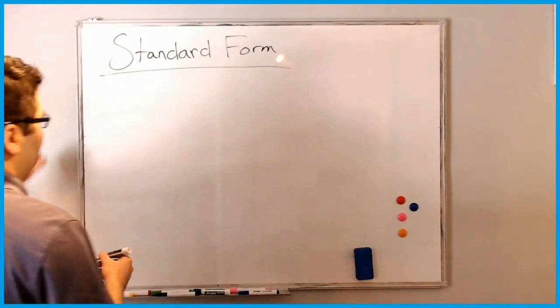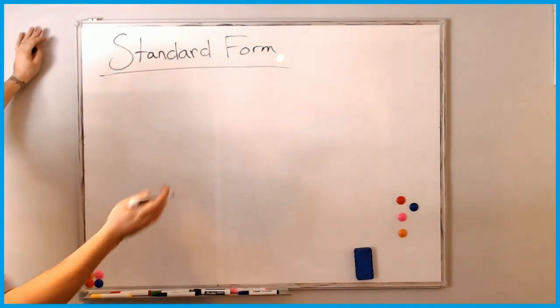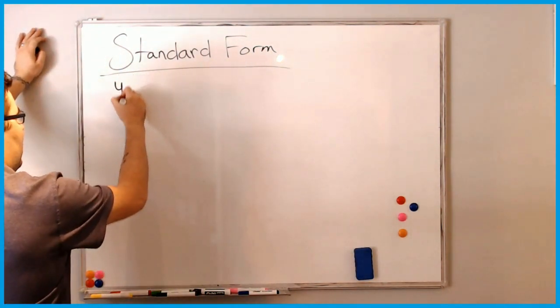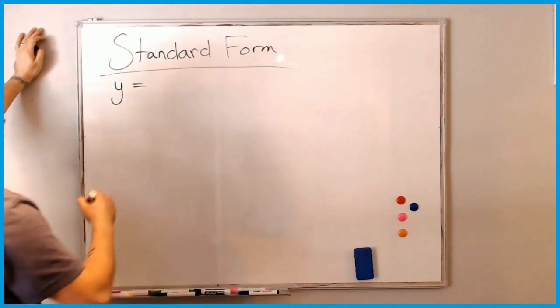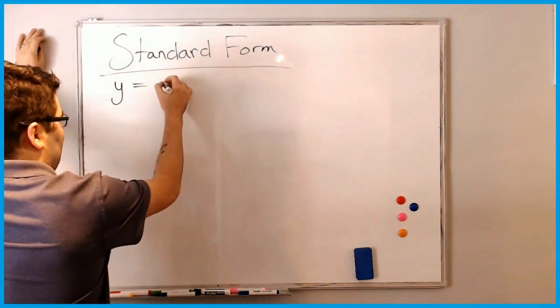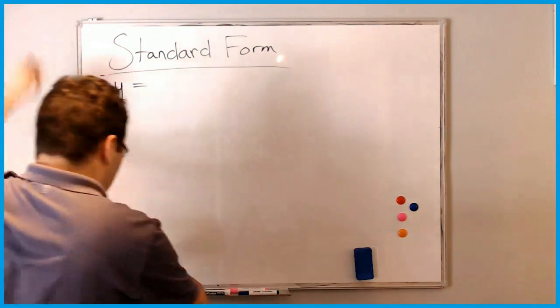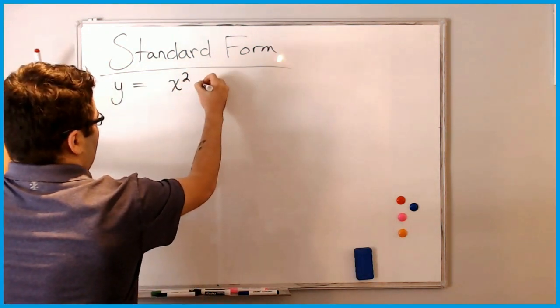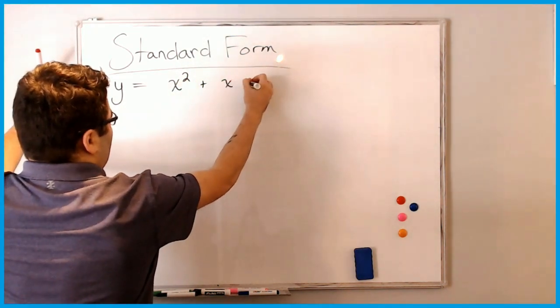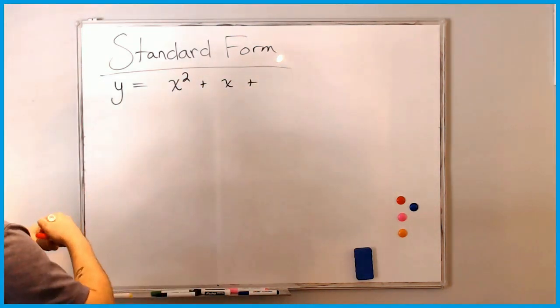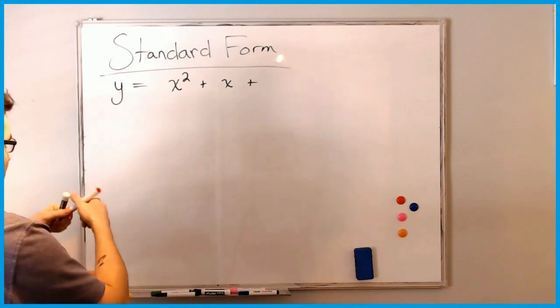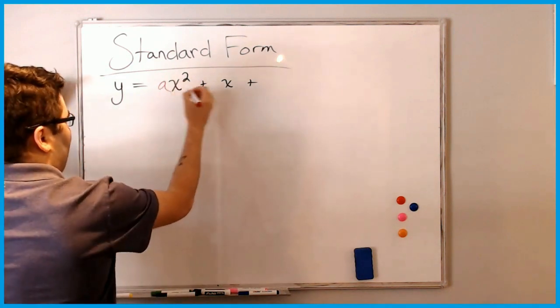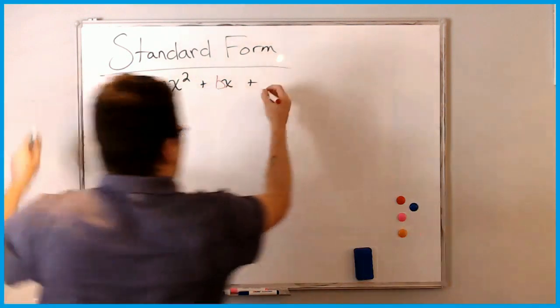So specifically, we're talking about a quadratic equation. Sometimes you'll see it written with y equals, sometimes you won't. It's okay. Just realize that we have, and I'm going to try to color code this, x squared plus x plus. And the standard form is this. You get ax squared plus bx plus c.